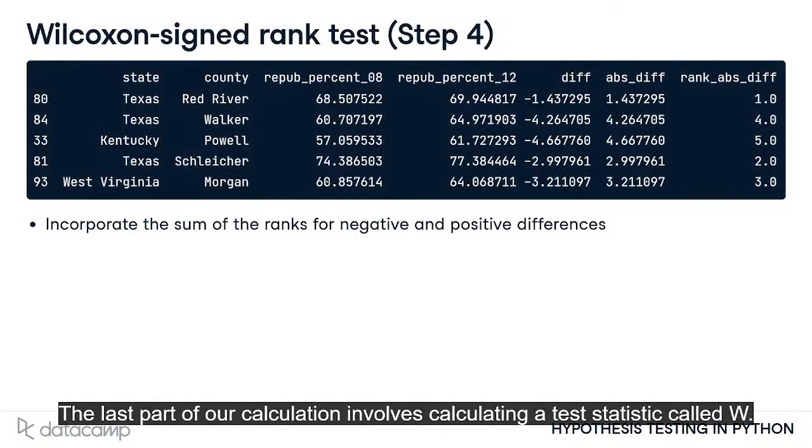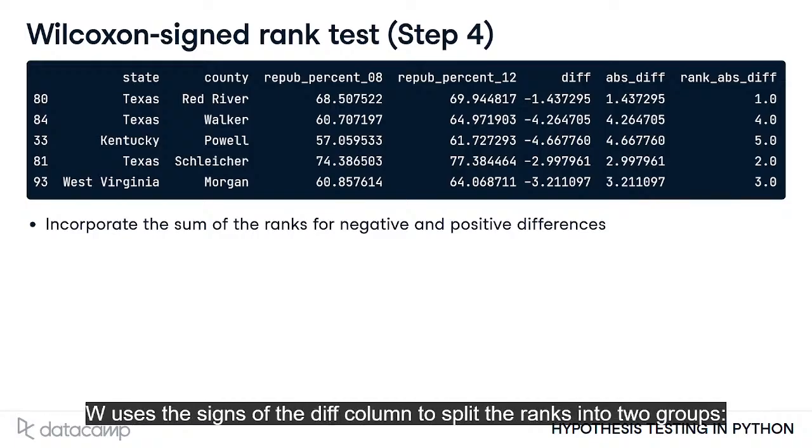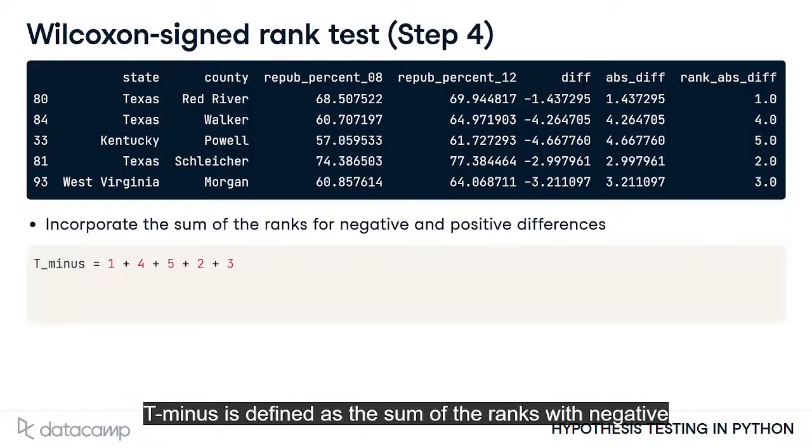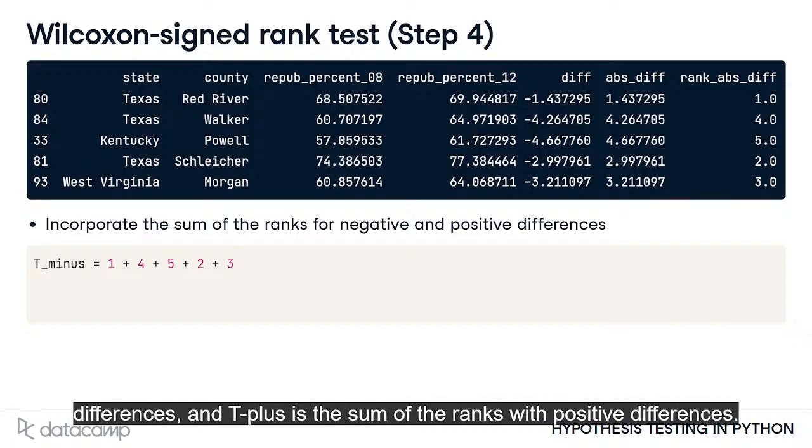The last part of our calculation involves calculating a test statistic called W. W uses the signs of the diff column to split the ranks into 2 groups, one for rows with negative differences and one for positive differences. T-minus is defined as the sum of the ranks with negative differences, and T-plus is the sum of the ranks with positive differences.